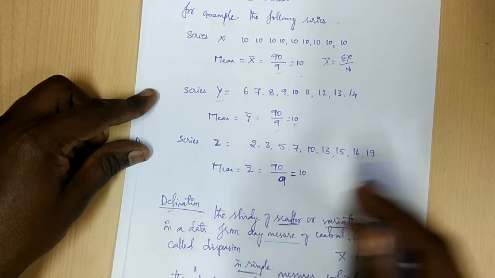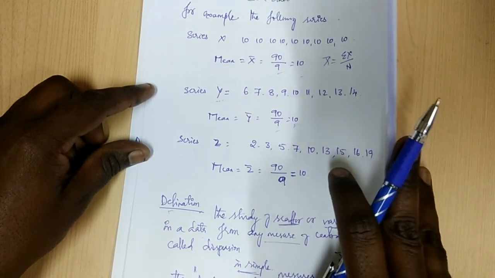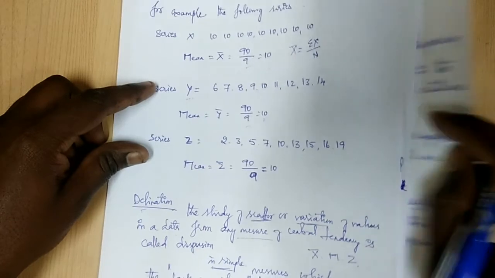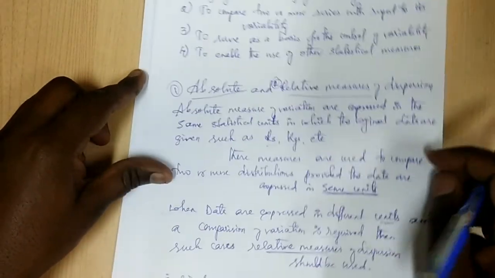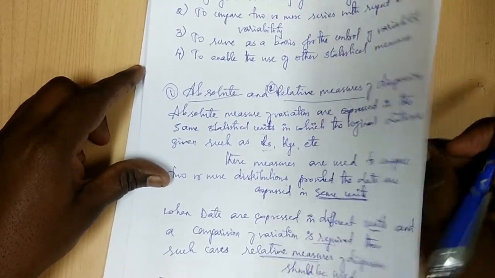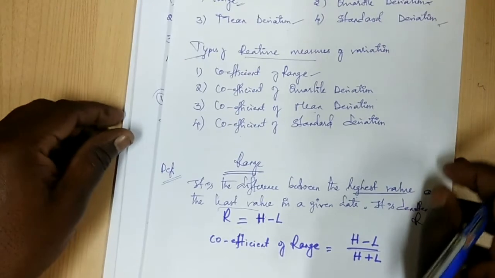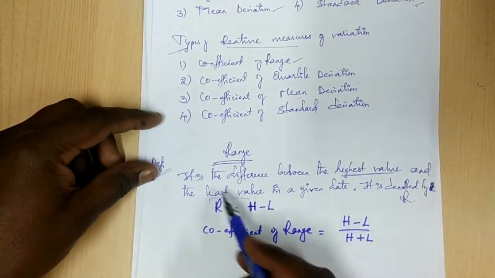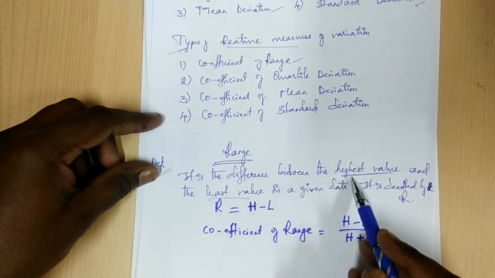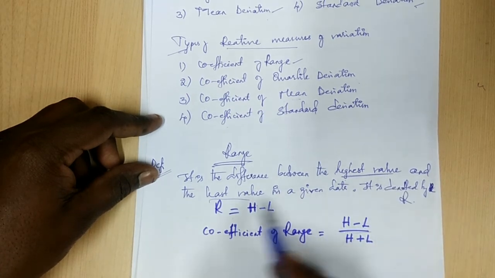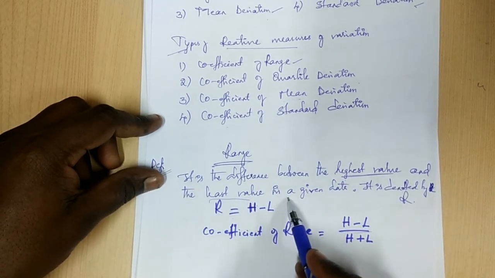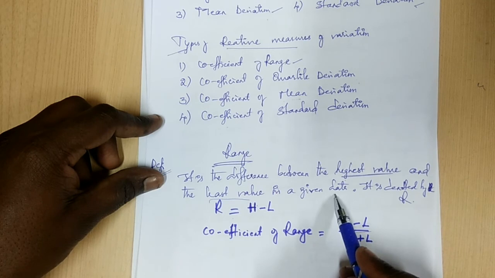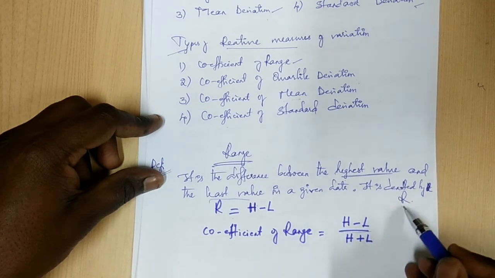The difference between the highest value and the lowest value shows how the data varies. So it is the difference between the highest value and the least value in a given data, and it is denoted by R.